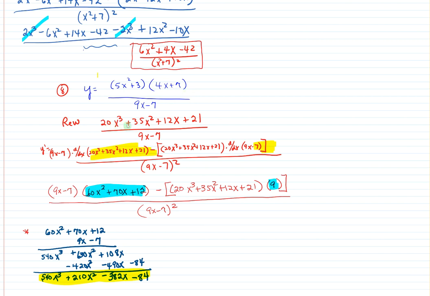And so that's what I did here. So now I have that long polynomial over this. So here's my roadmap. Bottom times derivative of the top minus the top times derivative of the bottom. This derivative is 60x squared plus 70x plus 12, and that derivative is 9.